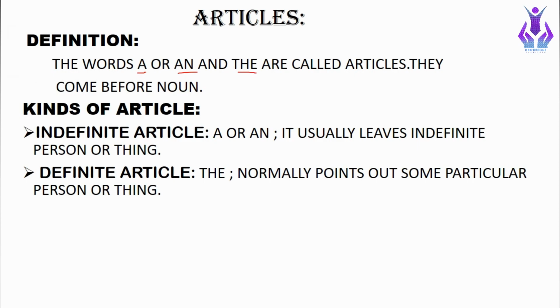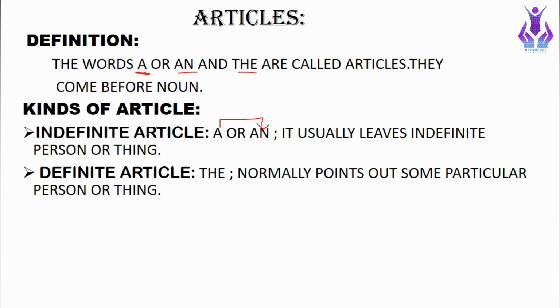Basically these three words are called articles, and they usually come before the noun. A and an are called indefinite articles because they usually refer to an indefinite person or thing.